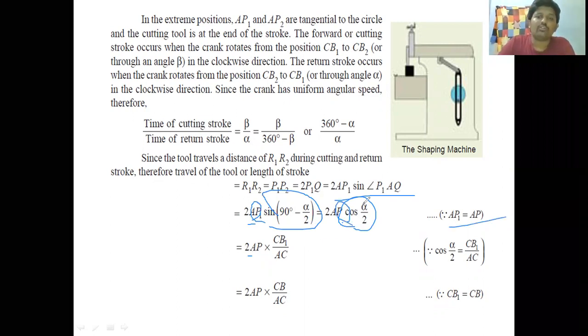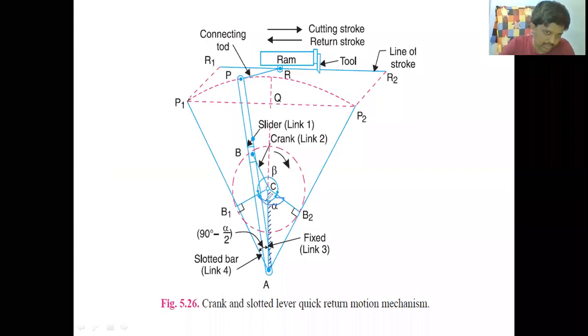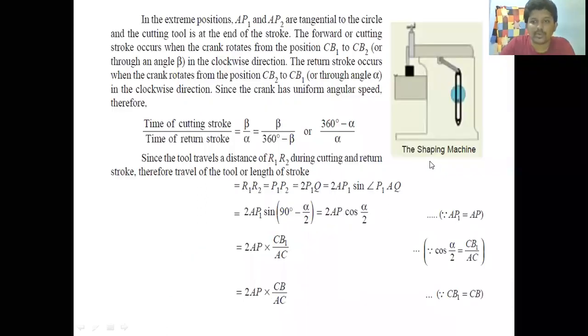Now we need cos alpha by 2. Okay, how can we get cos alpha by 2? From the geometry itself. Now this is our alpha by 2, which I mentioned. This is alpha and this will be our alpha by 2. In this triangle, cos alpha by 2 is adjacent by hypotenuse.